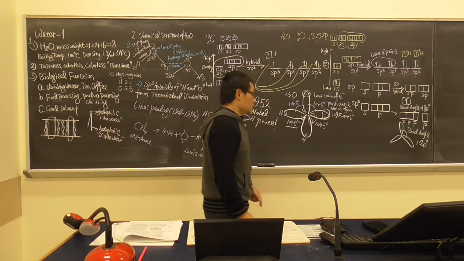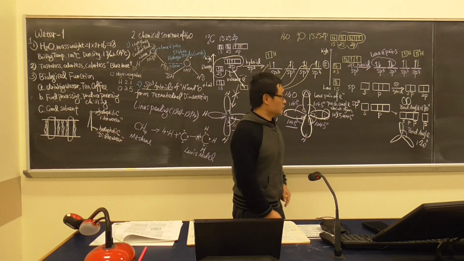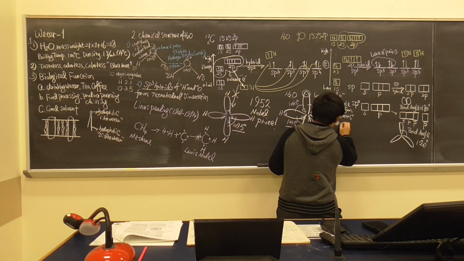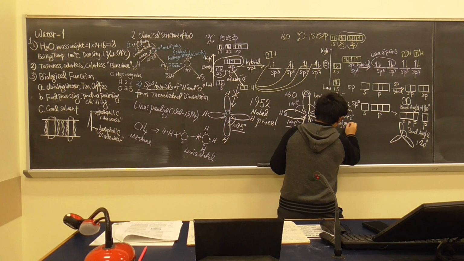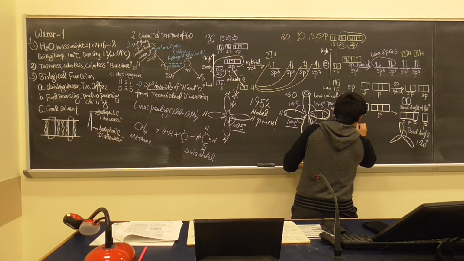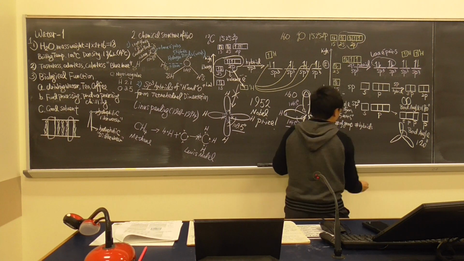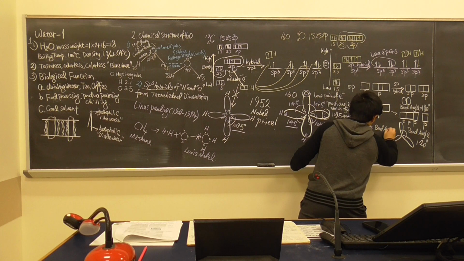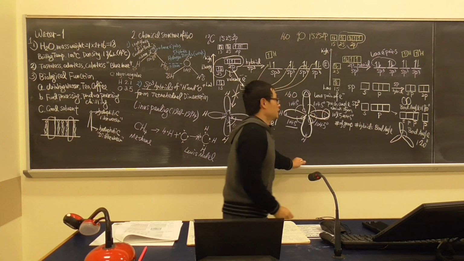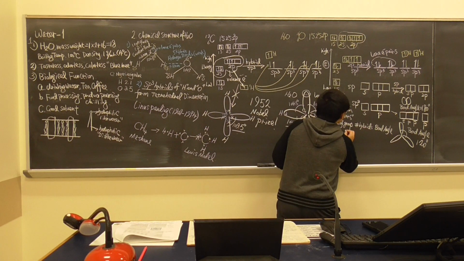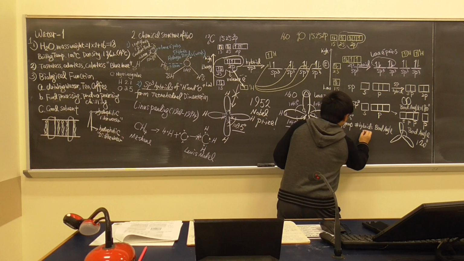Therefore, in your chemistry textbooks, they often have a table. This is the number of groups, and this is the number of hybrids, and this is the bond angle. Okay, so what does it look like?